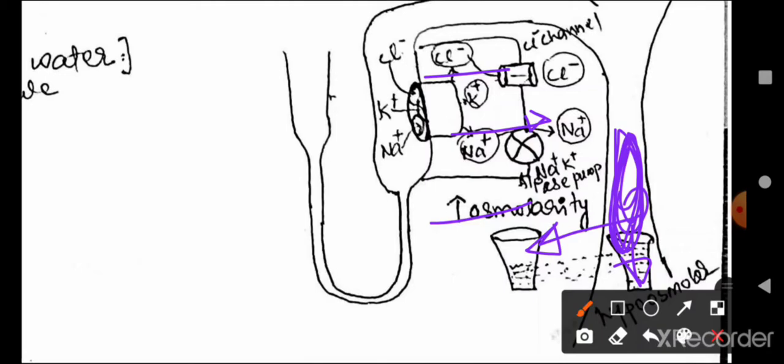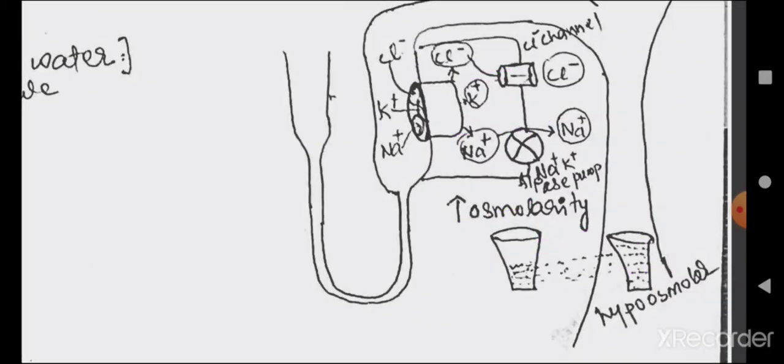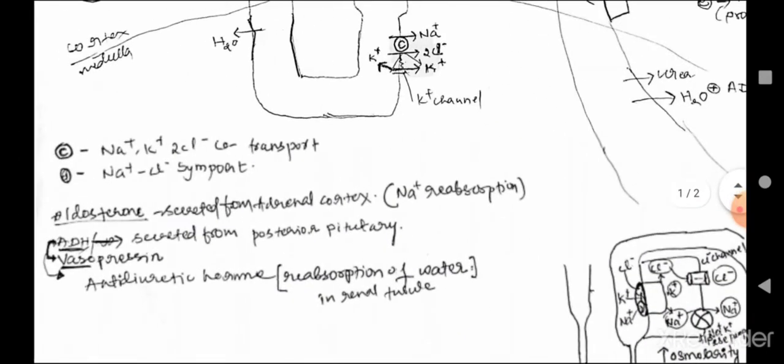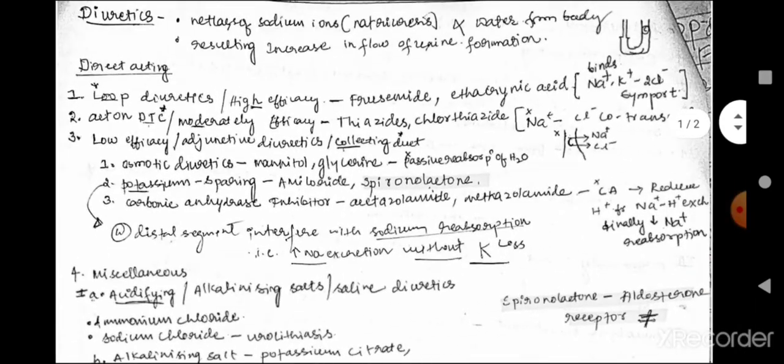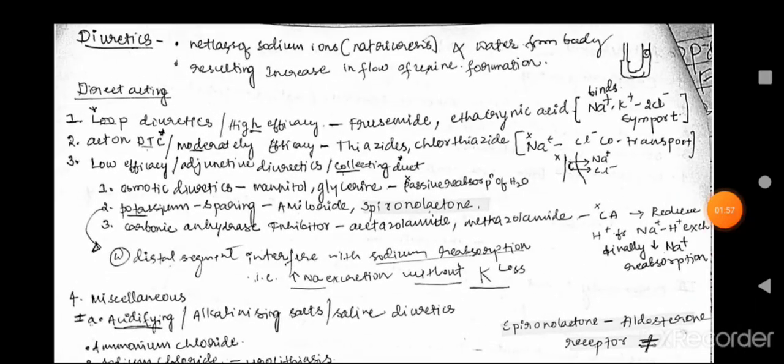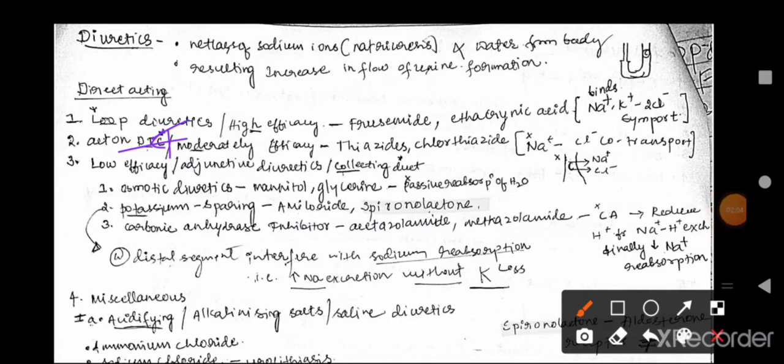Now let us come to the mechanism of action of the other category drugs. Drugs which are acting on the distal convoluted tubule are also called moderate efficacy drugs. Examples for these categories are thiazides and chlorothiazides. These act by inhibiting the sodium chloride cotransport.